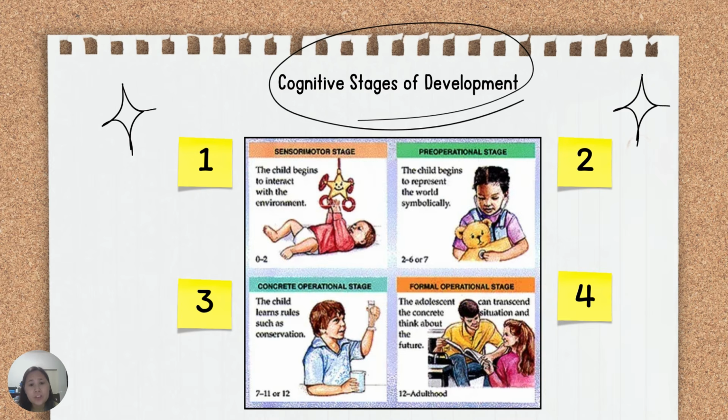So when we say tangible, it is something observable, something that can be seen, something that can be touched, something that can be sensed by the different senses of our body. It is during elementary years. That's why if you are a BEd student, we need to take into consideration their cognitive processes, the concrete operational stage.